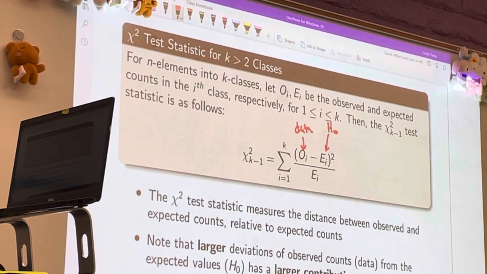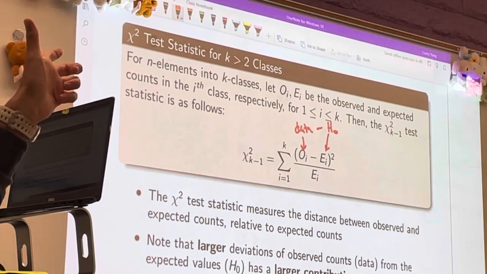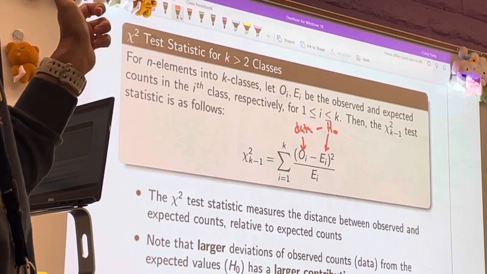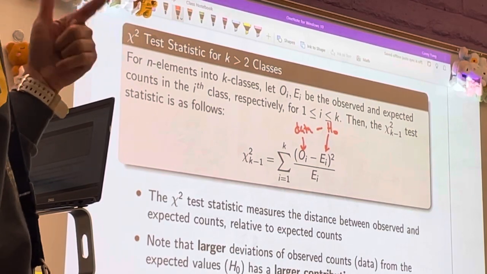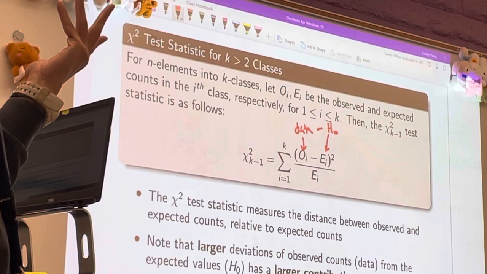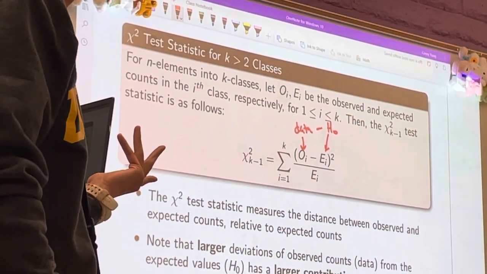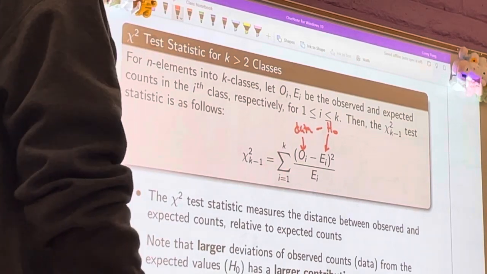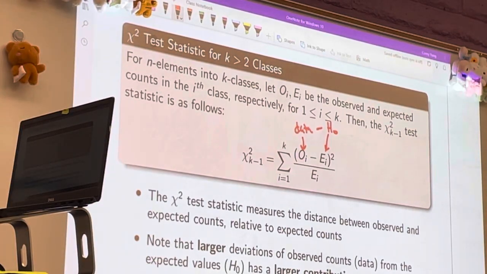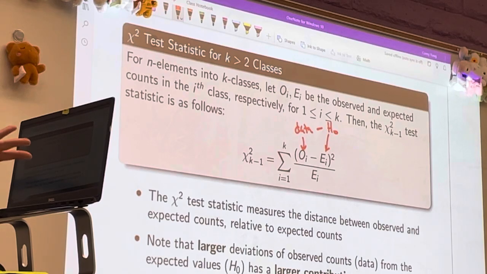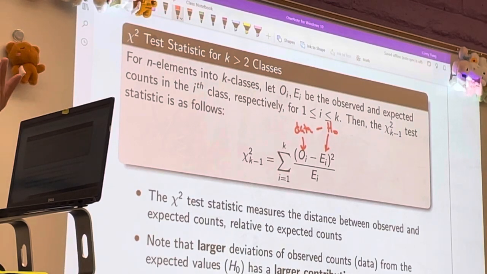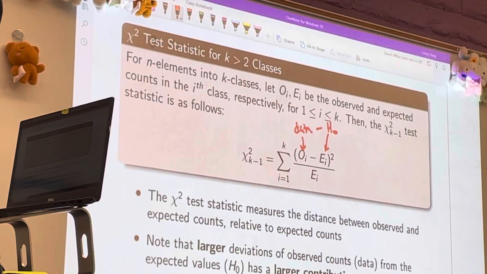So this test statistic that's quantifying the difference between what I observe and what I expect is similar to the standardization formula we've been working with from before, where we are trying to find departures from the null hypothesis. Does the data depart significantly from the null hypothesis? We should be able to work with that in this case.